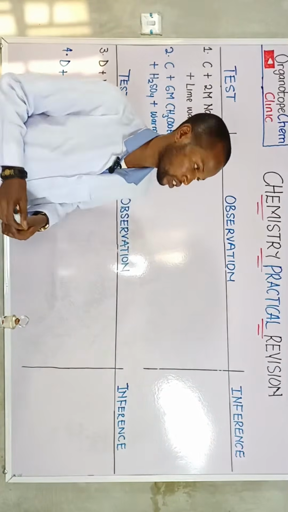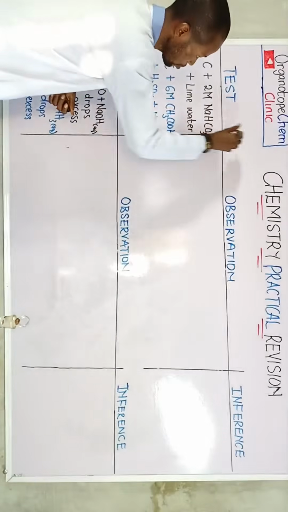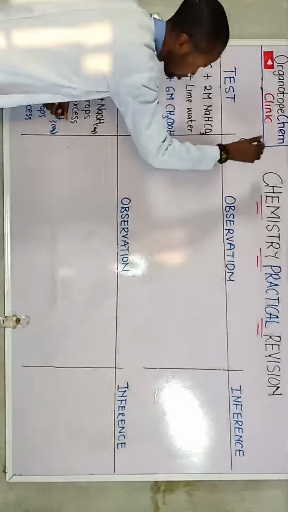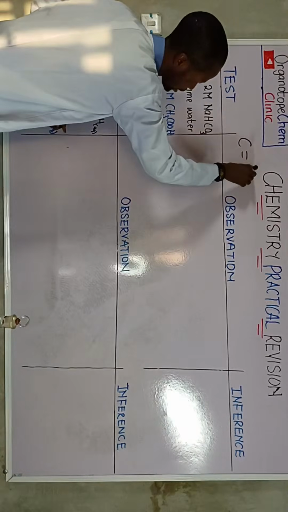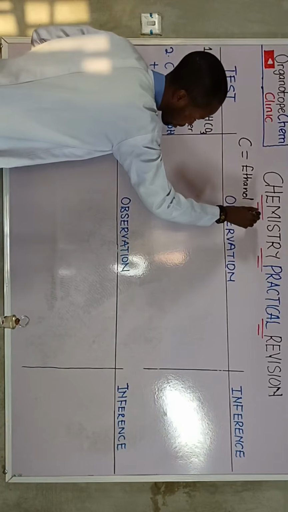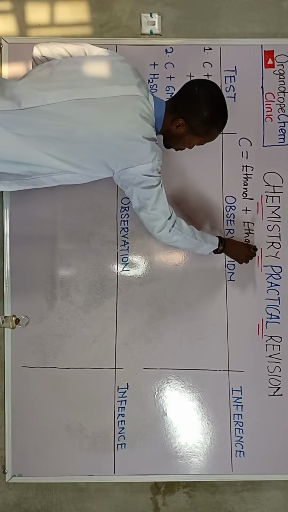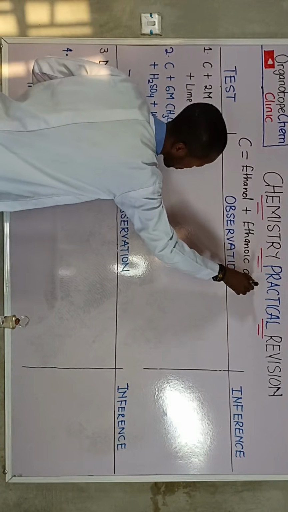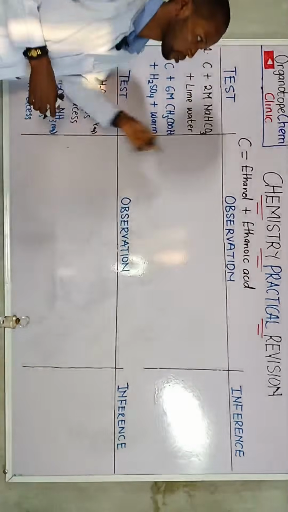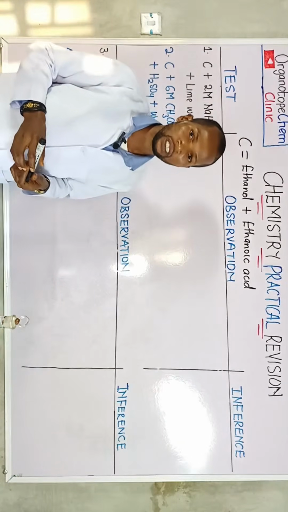The sample C comprises ethanol as well as ethanoic acid. These are the two constituents that make up sample C.